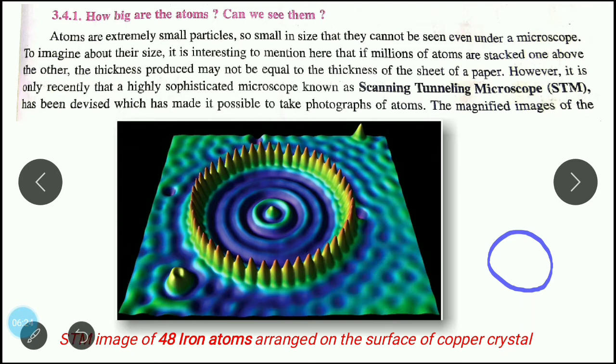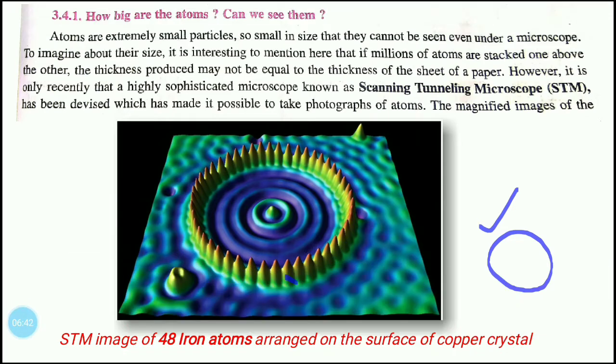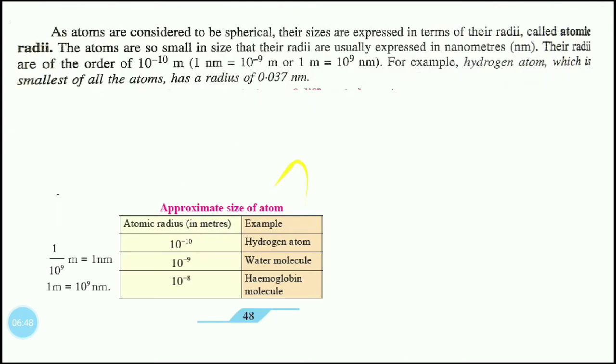For ease of representation we draw it the other way, and obviously it has some radius, but this is how atoms look.